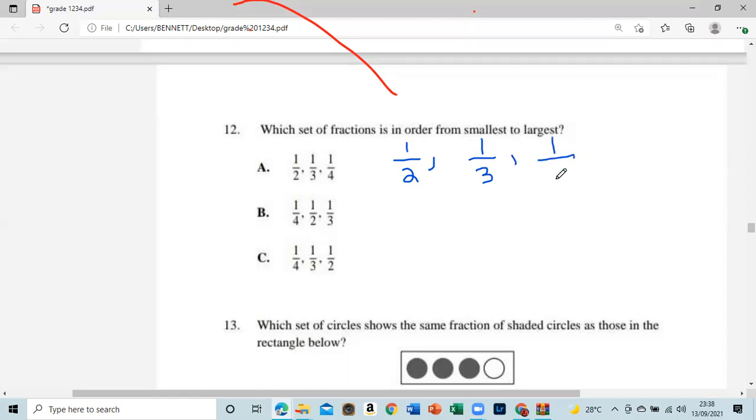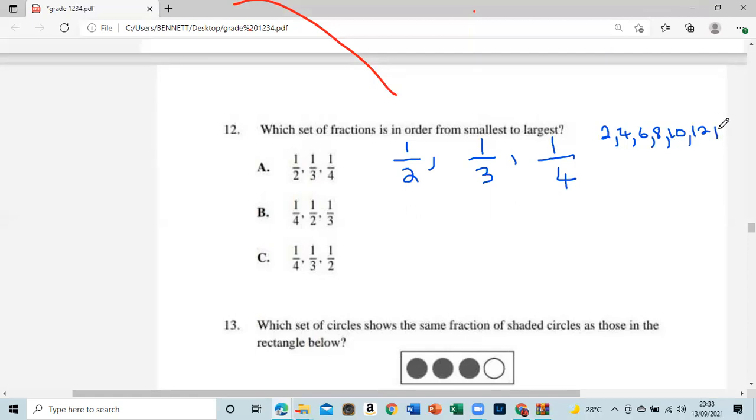Alright, so we'll find the lowest number that 2, 3, and 4 can go into without a remainder. Guys, I don't jump steps when I teach. So we'll go by 2, right?